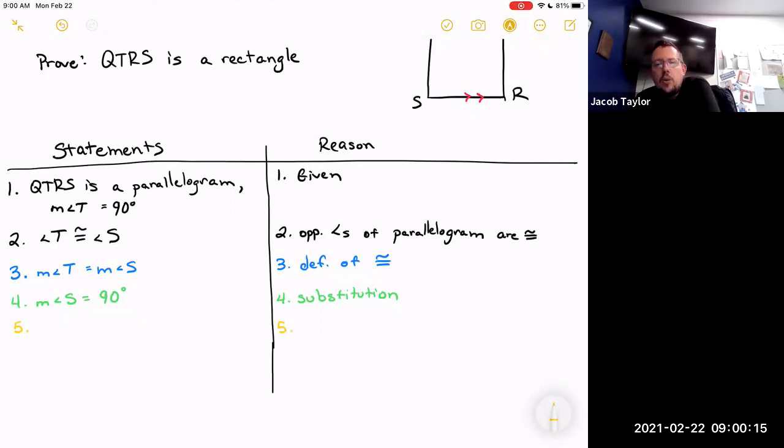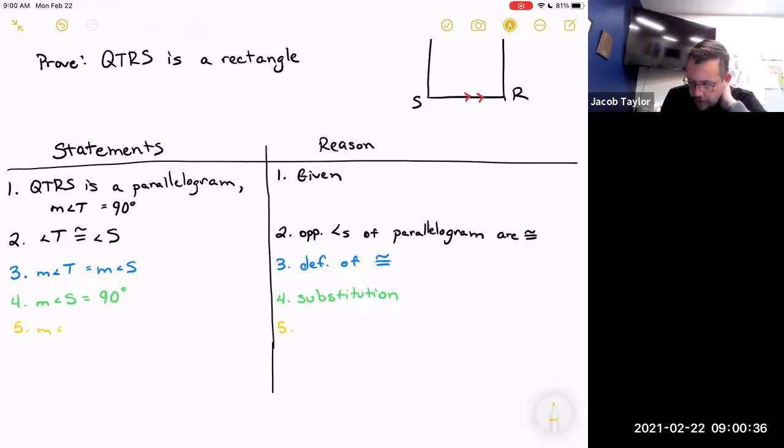Okay, so we figured out 2 of our angles are 90 degrees. Hey, we're halfway there. So let's talk about what Emily said. She said another property of parallelograms is that the consecutive angles are supplementary. I just figured out angle S is 90 degrees. So let's look at, I mean, I could do Q or R, it doesn't matter. Let's just do R just because. So I know that the measure of angle R plus the measure of angle S should be 180 degrees.